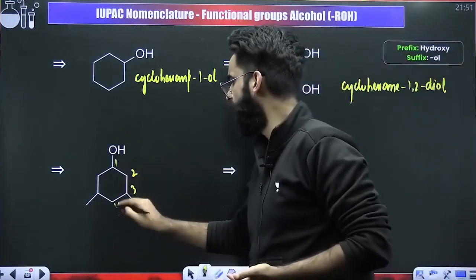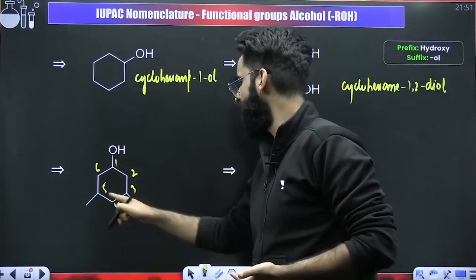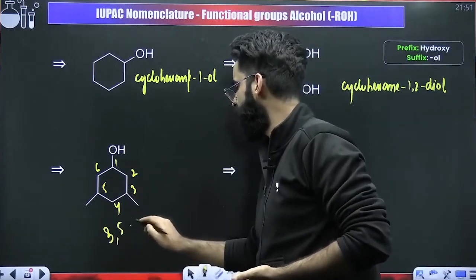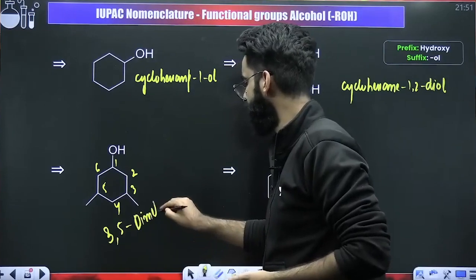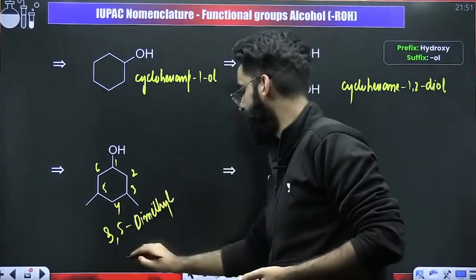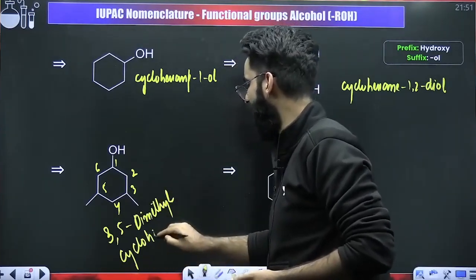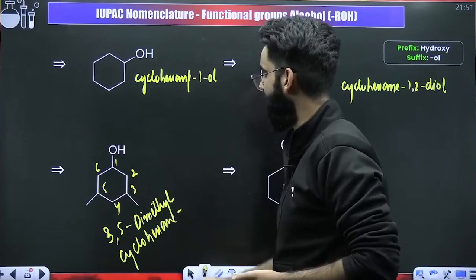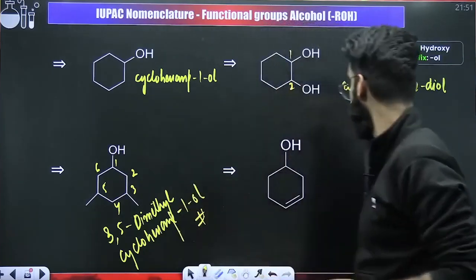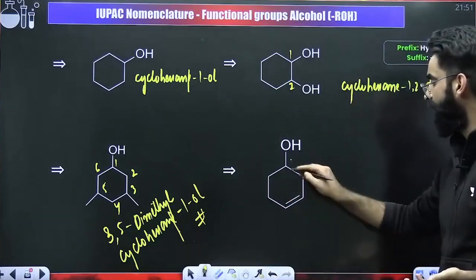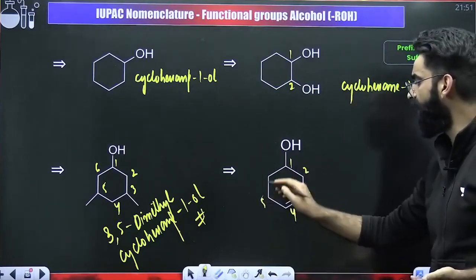The next one: 1, 2, 3, 4, 5, 6. It's going to be 3,5-dimethyl. Then you will be writing cyclohexane. At 1, it's ol, so drop this e. Now here, 1, 2, 3, 4, 5, 6.